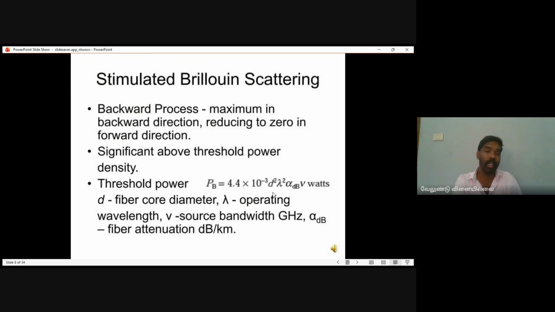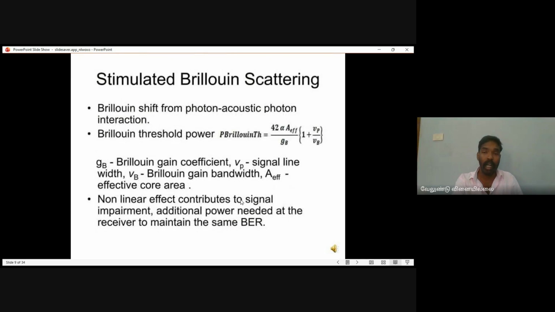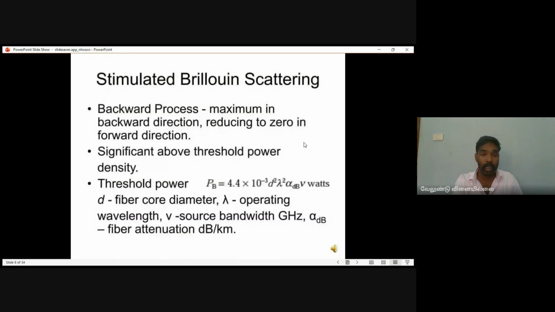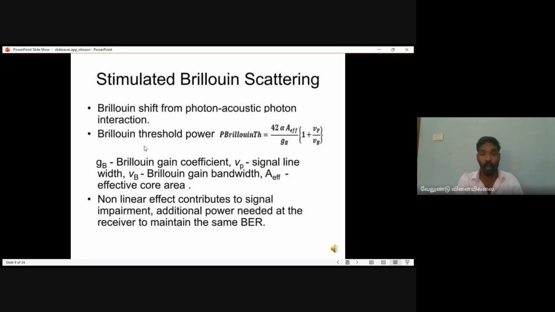This is the stimulated Brillouin scattering, and the threshold power P Brillouin is there. The previous one is the general threshold power; this is the threshold power of Brillouin. It gives the acoustic interaction and the shift. So what is v_P?